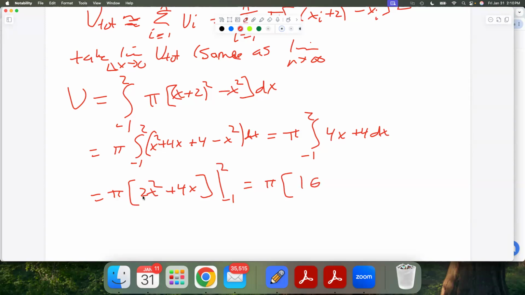It would be 4 times 2 plus 4 times 2, 16. Plugging in negative 1, remember it's always top minus bottom, I'm going to get 2 minus 4, so that's negative 2. So I think we get here 18 pi.